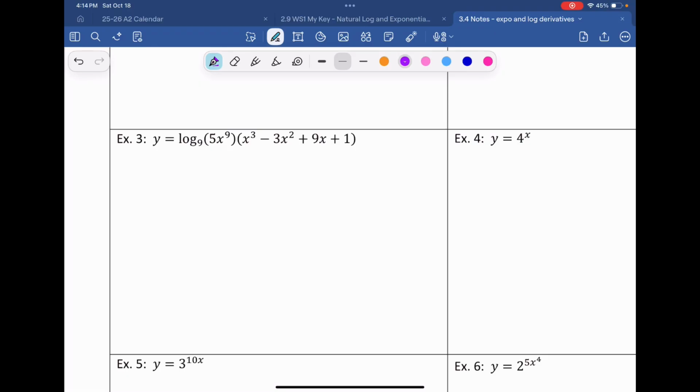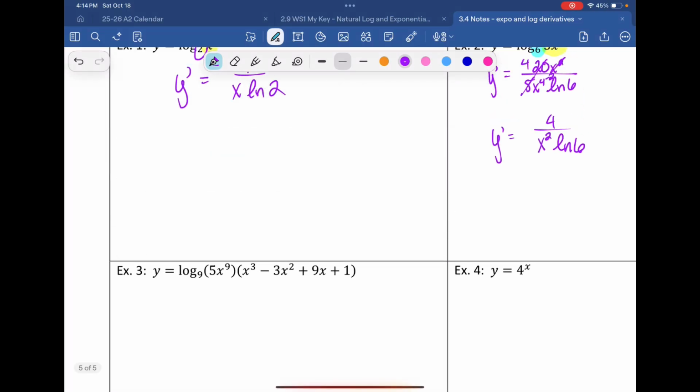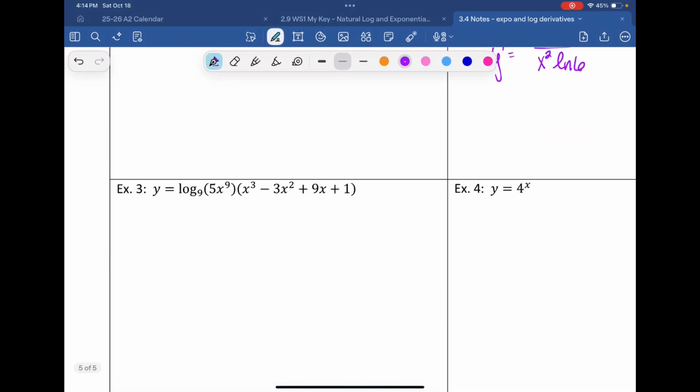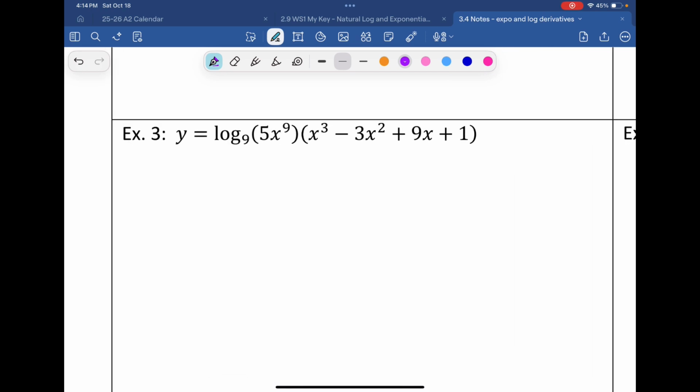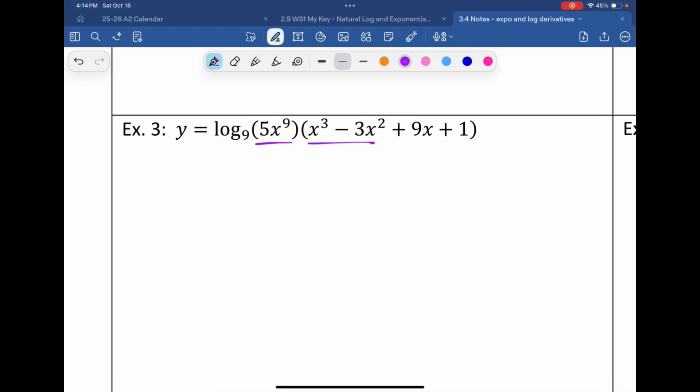Now I'm not asking you to get real psycho with these, okay? But you do need to recognize some properties when you see them. So when you're multiplying the arguments, using the logarithm rule, you're really adding.